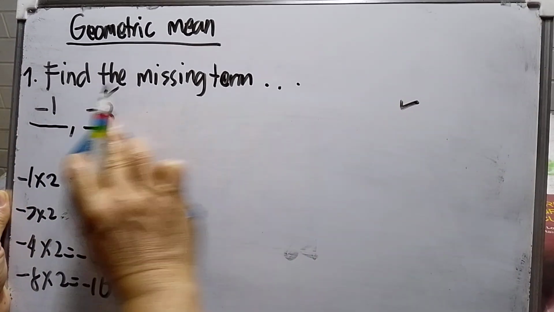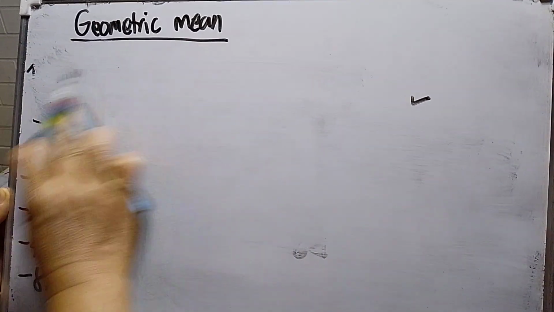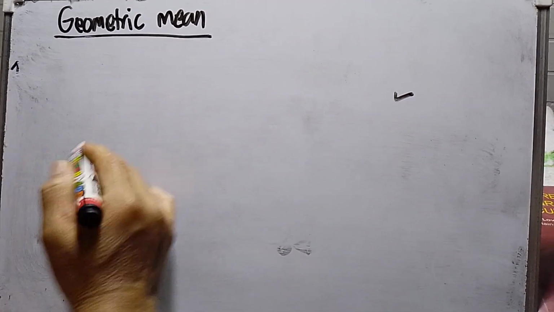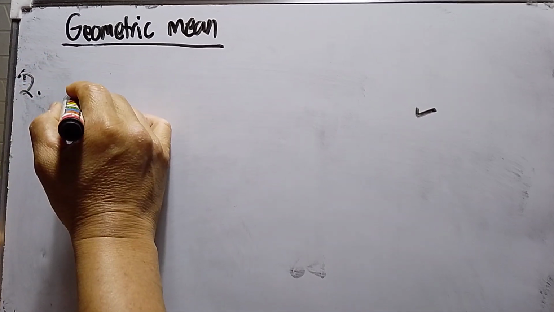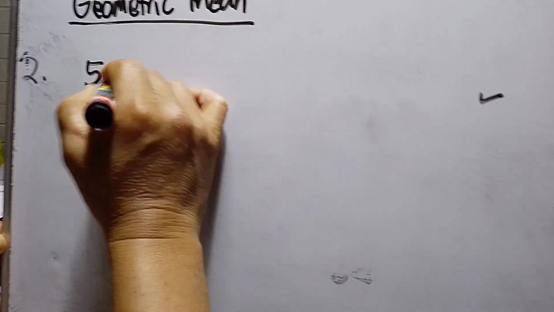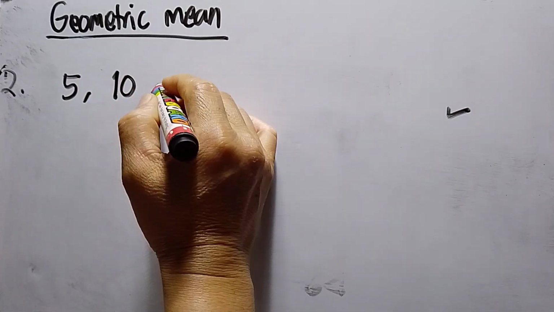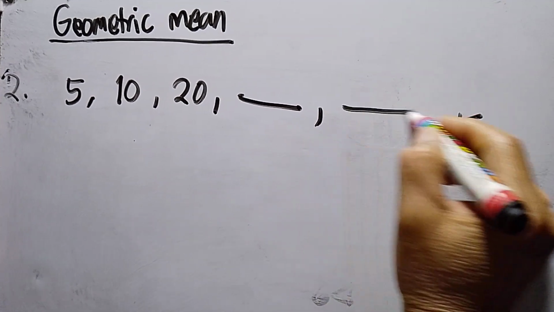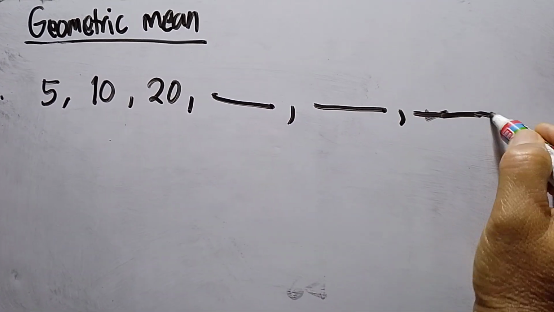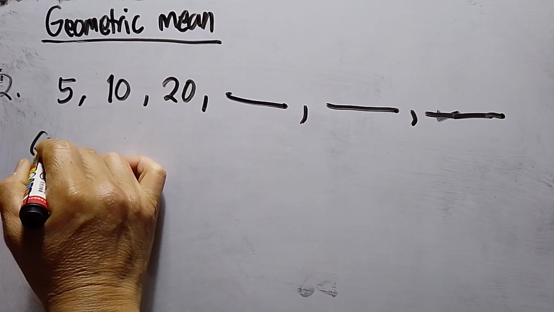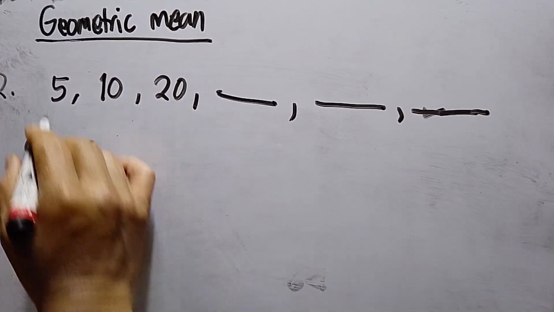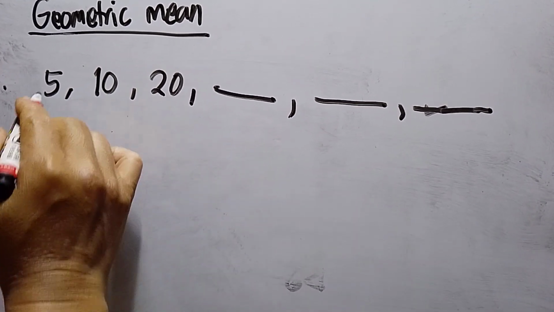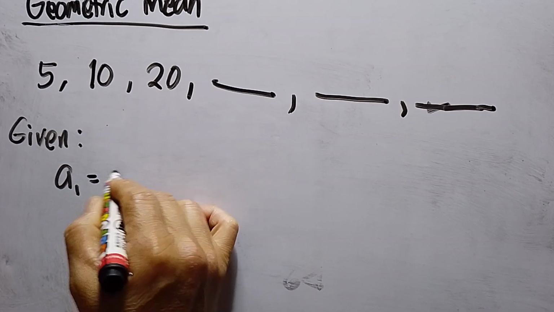Now let's move to number 2. So number 2, you have 5, 10, and then 20, then the missing terms. So I should write the given first. The given, so A1 is the first term. I have 5.